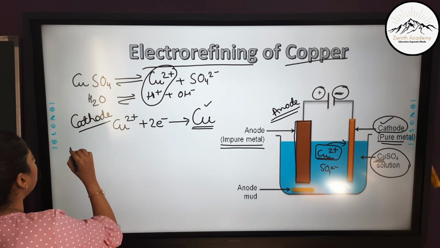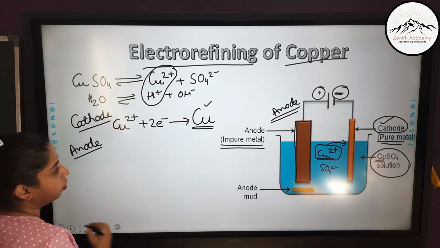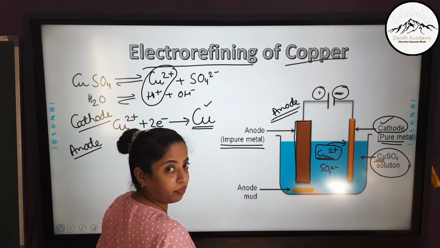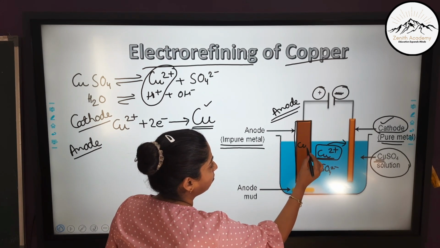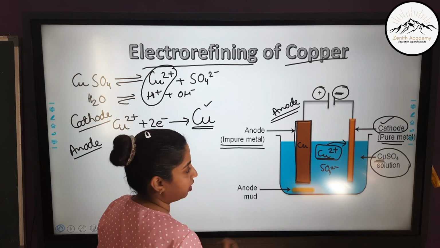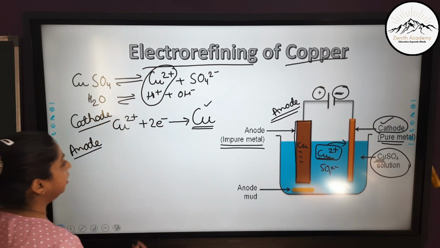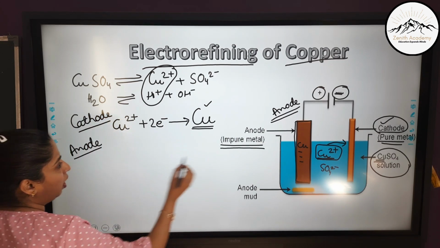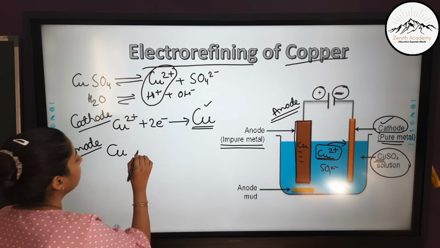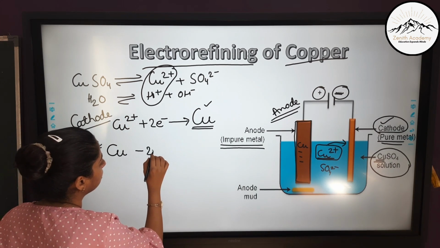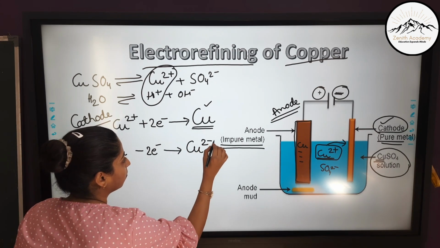Now let's see what happens at the anode. The anode is also an active electrode. This copper has many impurities in it. I will tell you which impurities there are in the coming slide. What happens at the anode? Copper metal loses electrons to form copper ions.